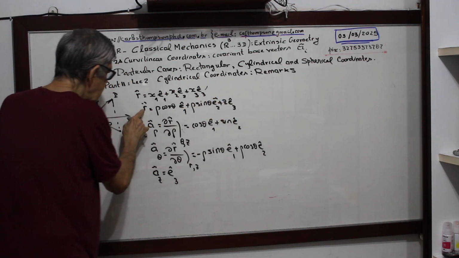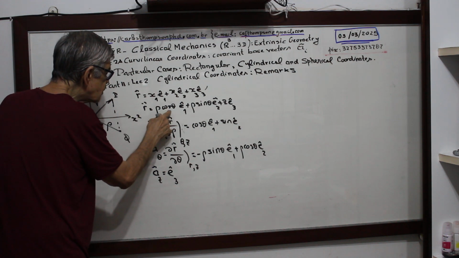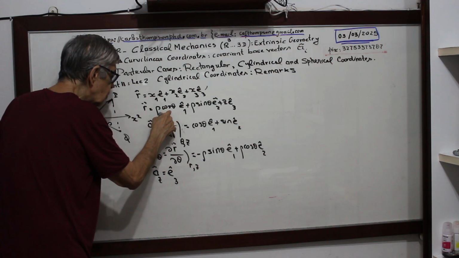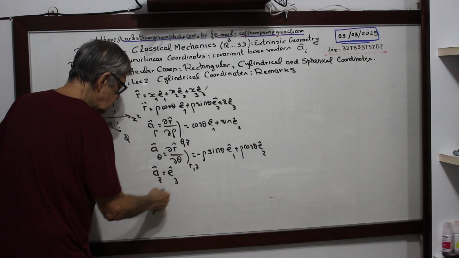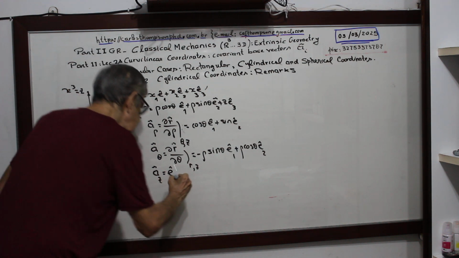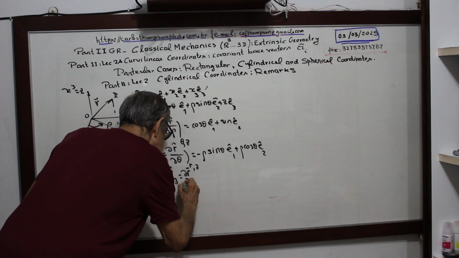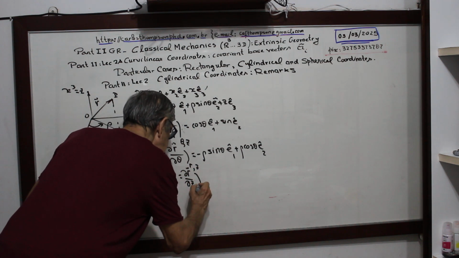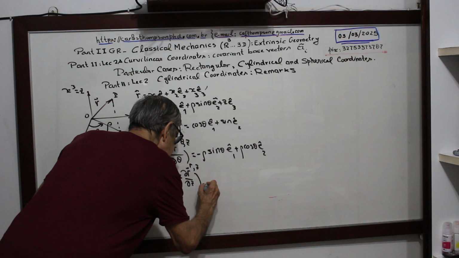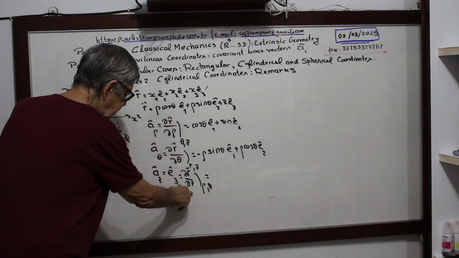Look at that. Partial of rho cosine theta is 0 with respect to z. Partial r with respect to z, rho and theta remain constant. You see?